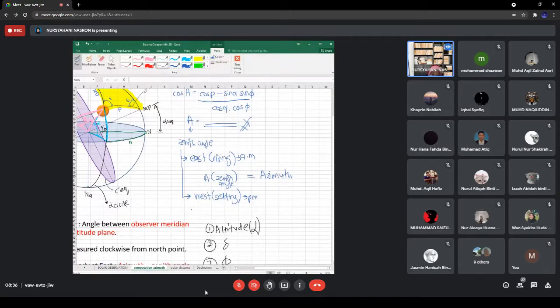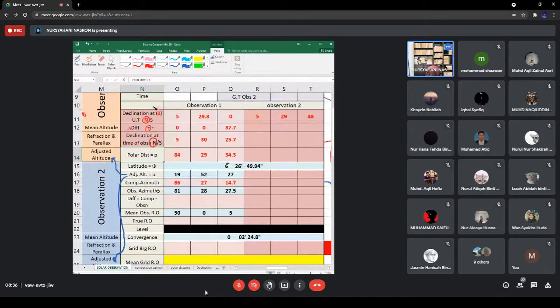That means the value that you get from A, the answer from the calculation from the formula, if you do it in the morning, you just put at the row of observation azimuth.